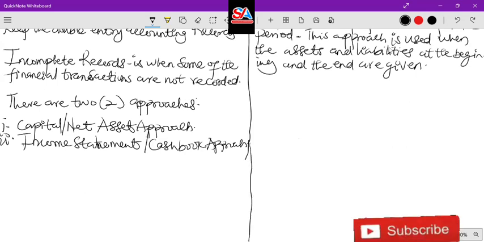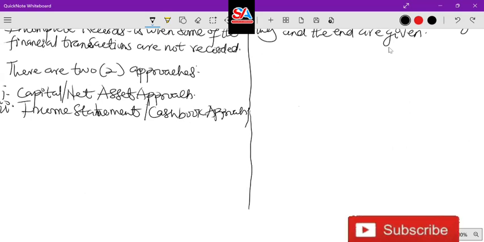All right, so let me give you some steps so that it becomes much easier. Follow these steps when you are solving a question and you are going to use the capital or the net asset approach.